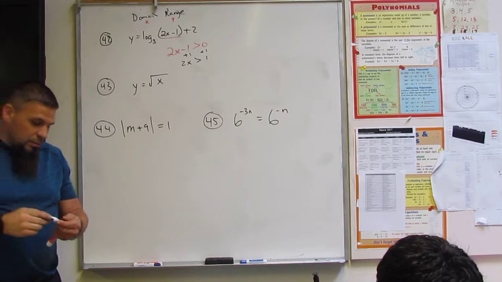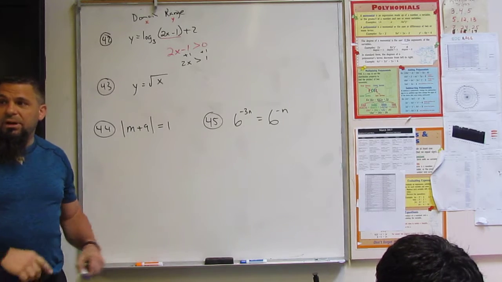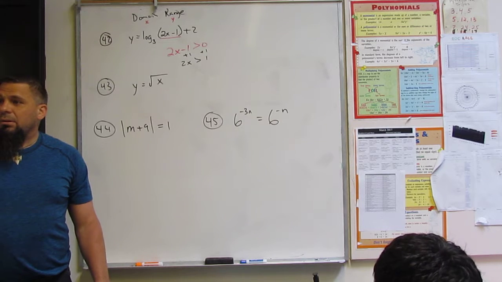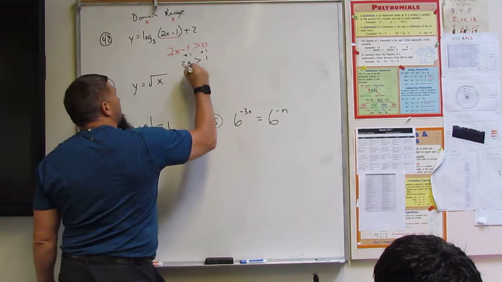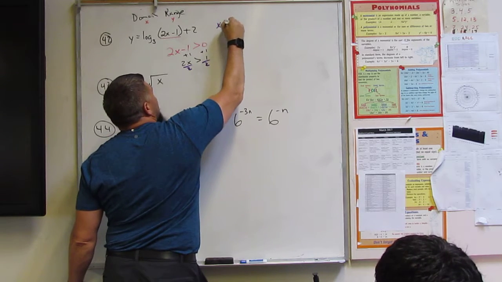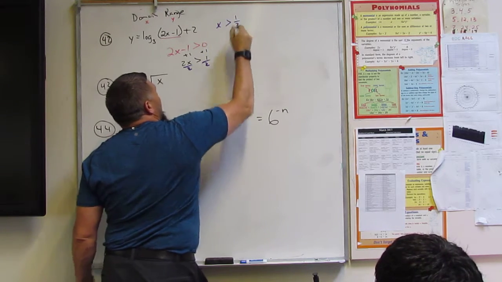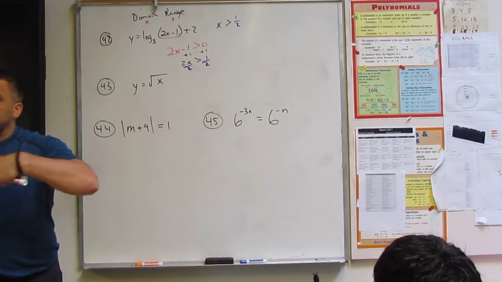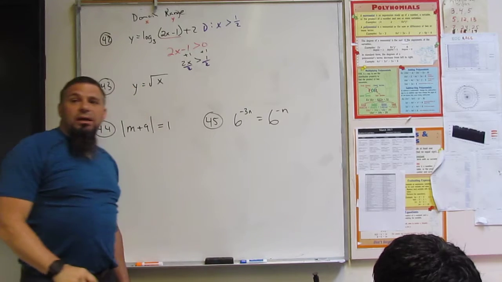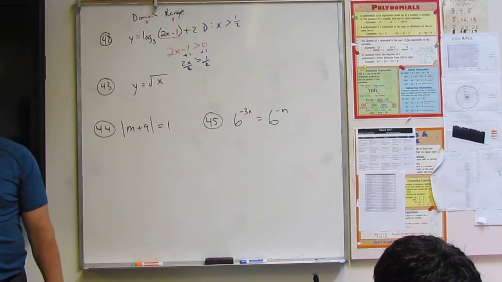Then what? Divided by 2. Okay, so then x has to be greater than 1/2. And that's your domain. Okay? That wasn't that bad.